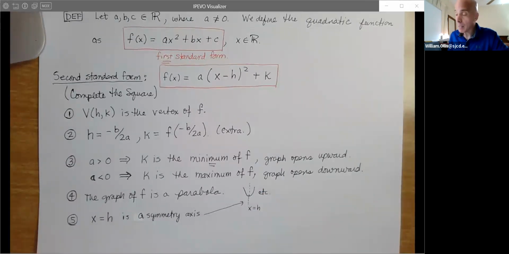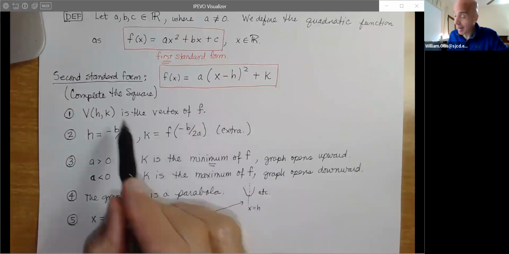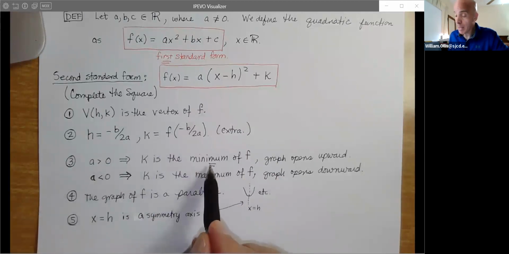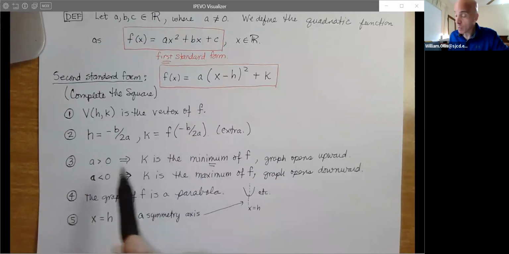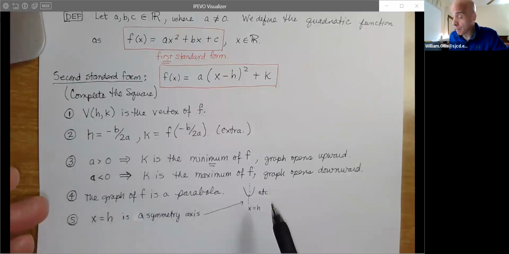Namely, if I complete the square or if I don't, I can figure out the vertex. The vertex will define a minimum if a is positive. It will define a maximum if a is negative. I think we already knew about the shape. And then, of course, the symmetry axis you probably knew about, but maybe didn't think as much about.